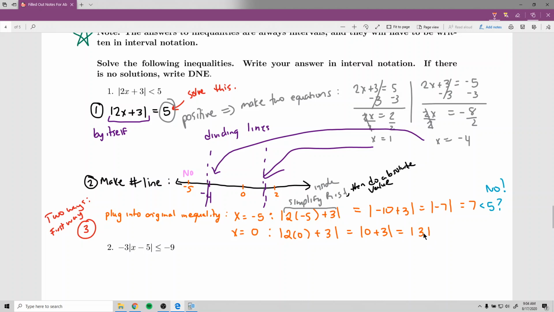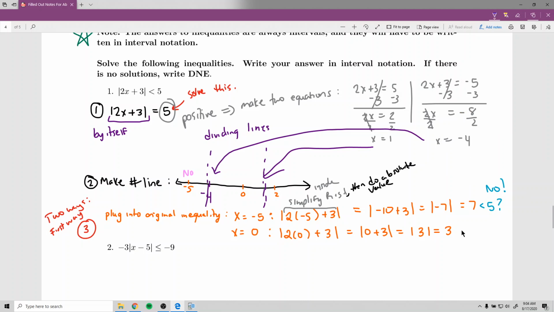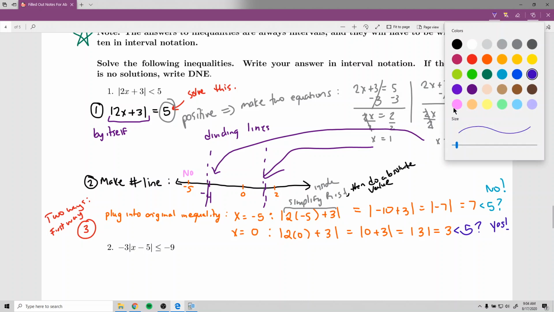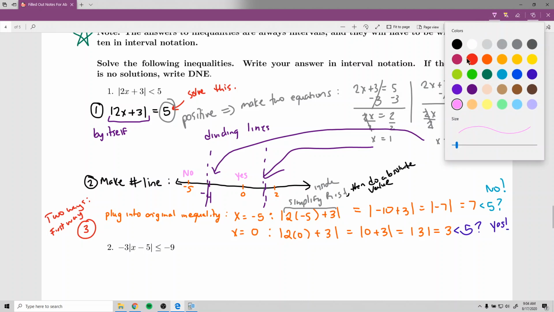The absolute value of 3 does equal 3. And then is this less than 5? Because that's what we're comparing it to. And this is yes, 3 is less than 5. So on my number line where 0 is, I'm going to write a yes. And I'll explain what the yeses and nos mean after we get the last one.